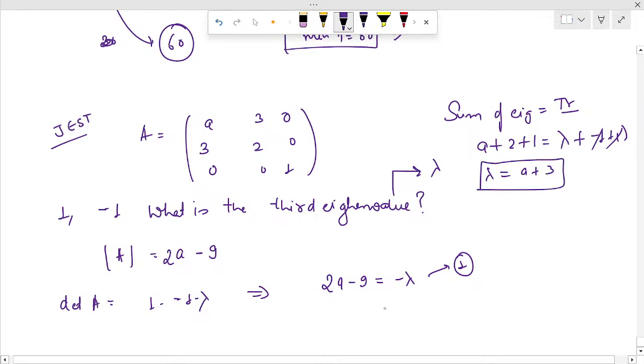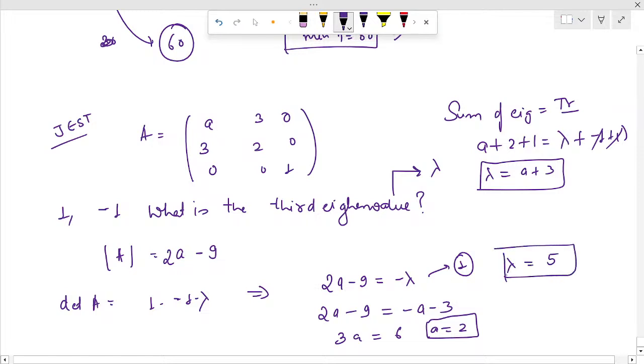So if I use this, I'll get minus a minus 3 equals 2a minus 9. So 3a equals 6, so a would be simply 2. And if a is 2, then the other eigenvalue would be 5. 4 minus 9 is minus 5, so lambda would be 5.